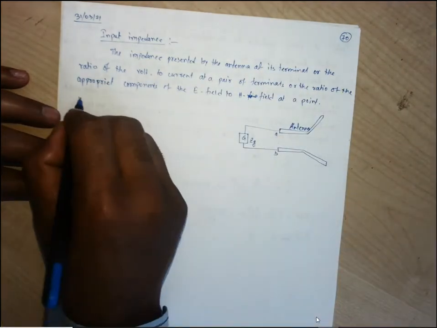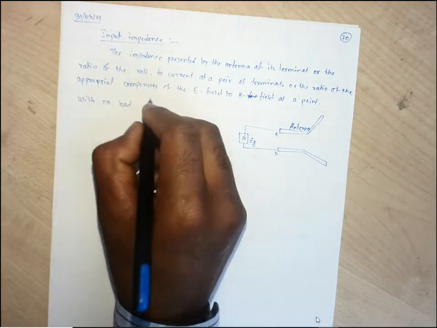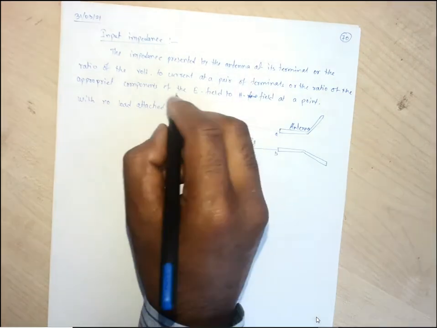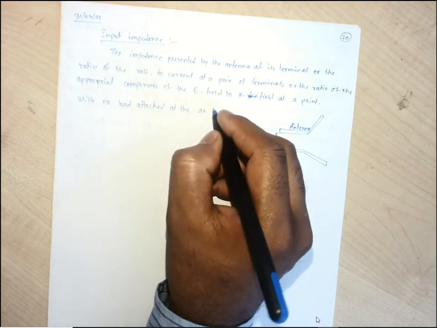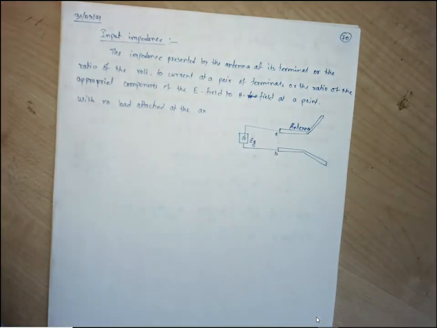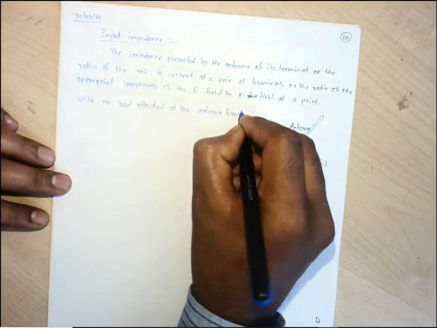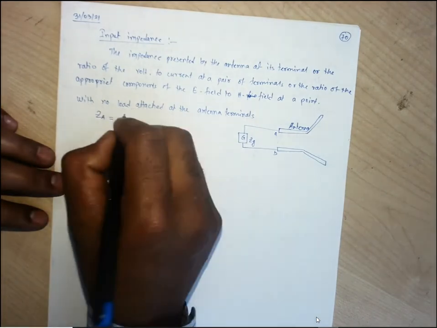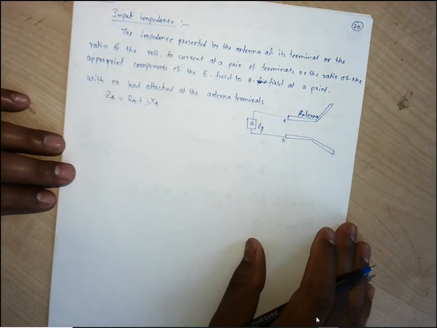So with no load attached at the antenna terminals, we can say ZA is equal to some real value as well as some imaginary value, which is reactance.